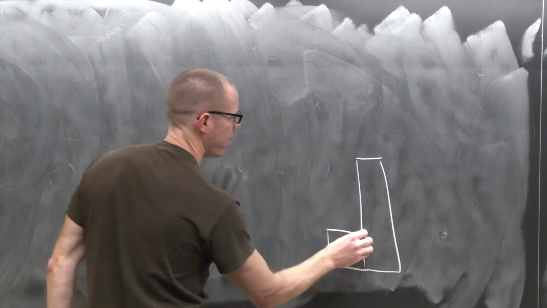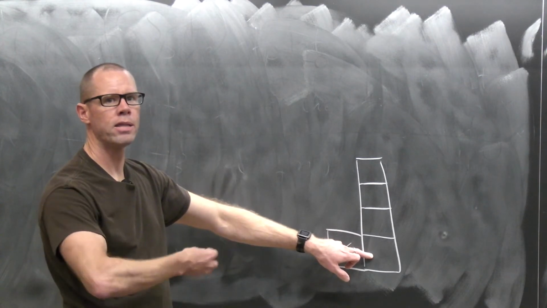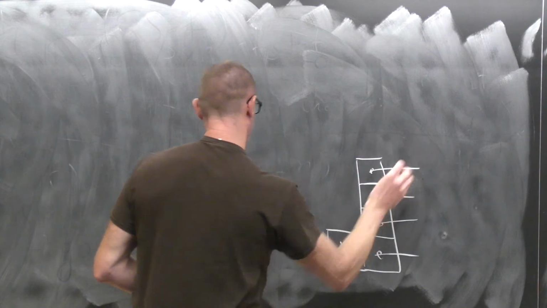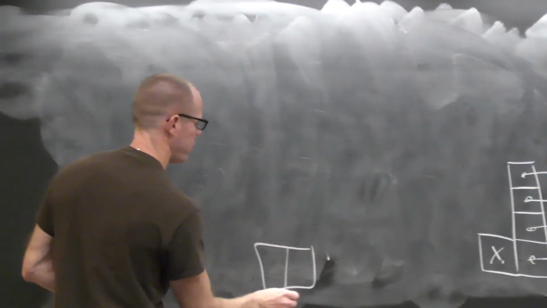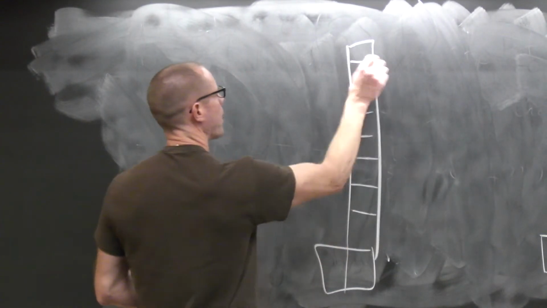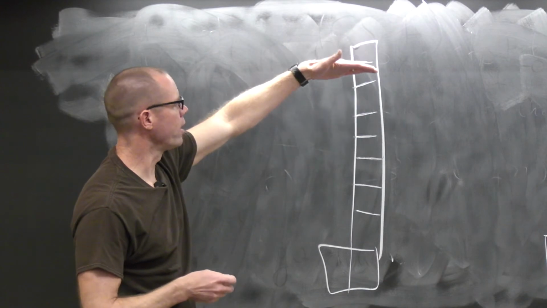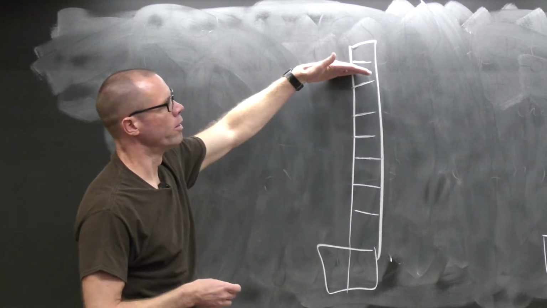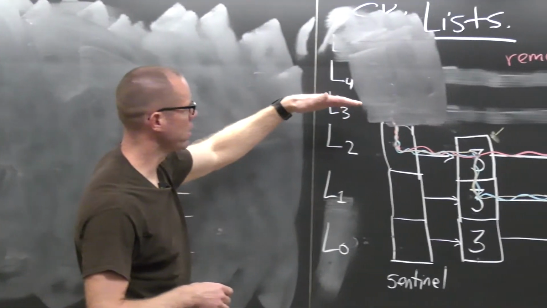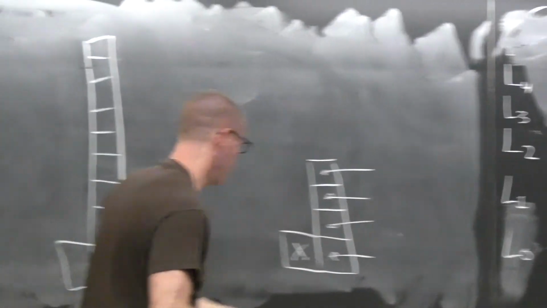It has a data item X and the pointers for the lists that it belongs to. So that includes the sentinel, whose data item is not used. But when you remove something from it, all you're doing is changing a variable that says the height of this skip list is now only 2 as opposed to the 4 that it used to be. So it's an easy operation.